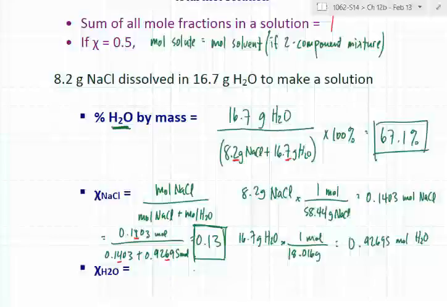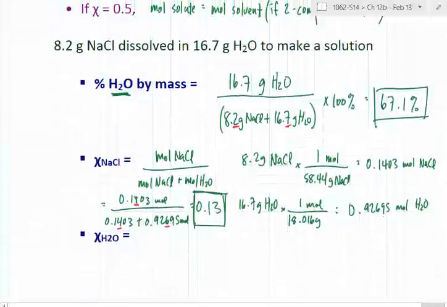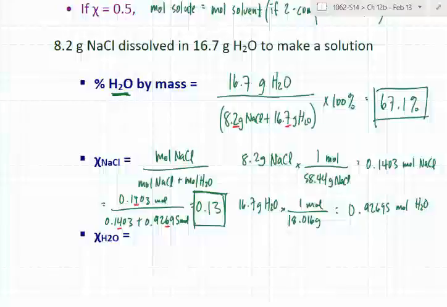No, mole fraction has to be between 0 and 1, otherwise you're not doing a mole fraction. Since we already got the mole fraction of NaCl, and it's a 2-component mixture, what's the fastest way to get the mole fraction of water? Yeah. Point 87.